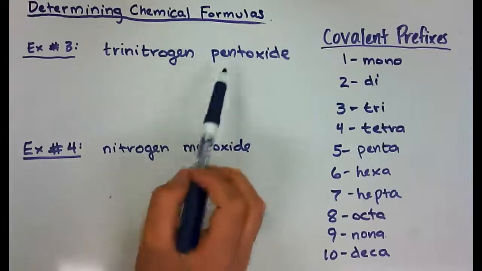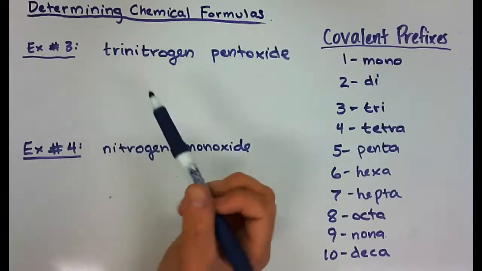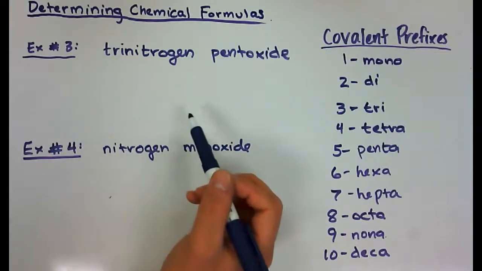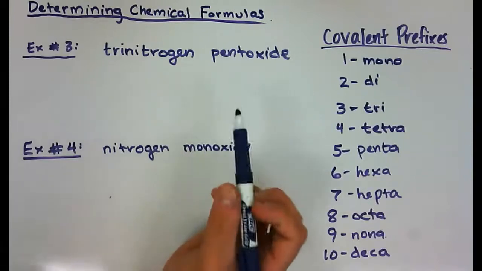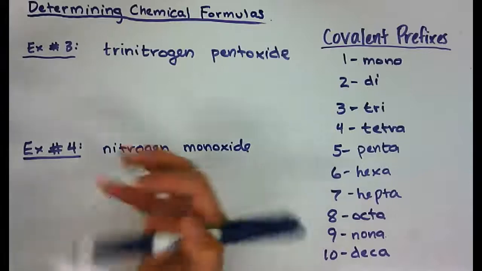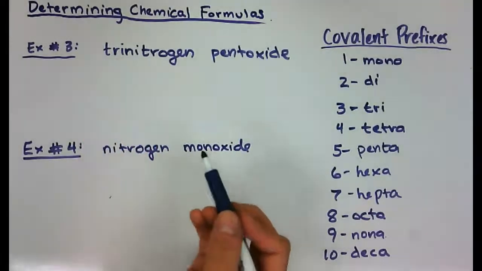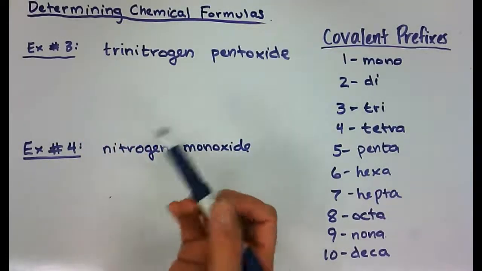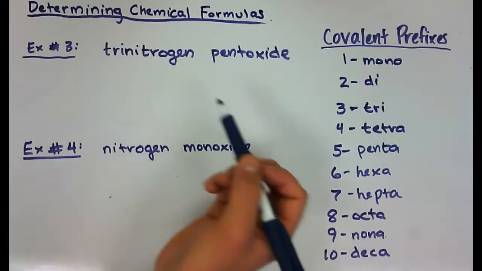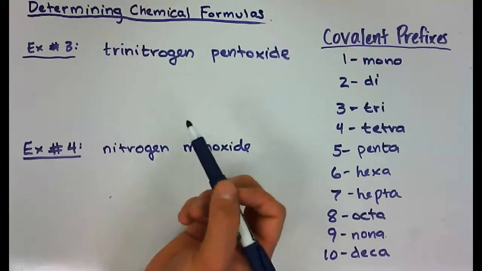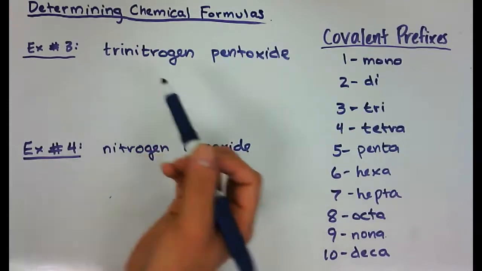And so these nonmetals aren't bonding by stealing electrons from one another and then having 2 oppositely charged ions that attract. Instead, they are bonding by sharing electrons. And so there's no charges involved with covalent bonding, so we need a different naming system for determining how many of each nonmetal we have.